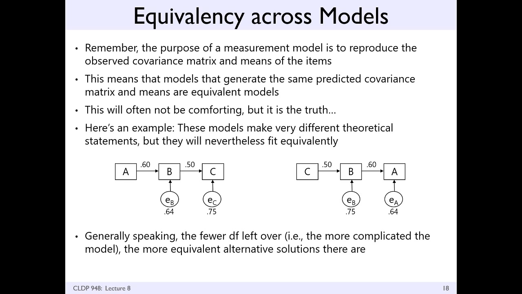But in the model on the left, A causes B and B causes C. The model says the only reason that A and C are related is through B. So this would be a classic mediation model where the A times B path and the B times C path, those two paths multiplied together, would be known as an indirect effect. The model on the right is completely different. No. C causes B, which then causes A. And the only reason that C and A are related is through B.